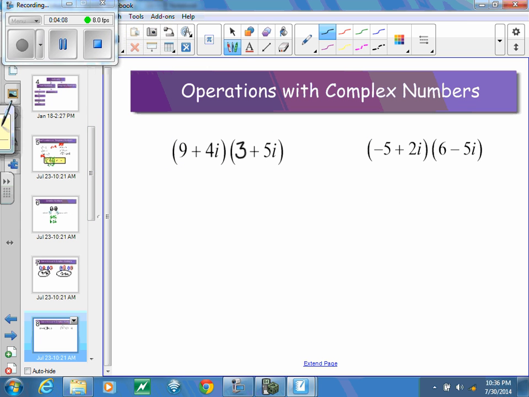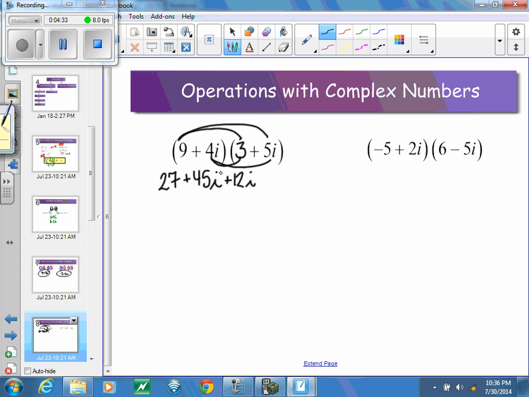When you are working with multiplication, we are going to use our FOIL method. So we're going to do first, outside, inside, last. And as I multiply, we're going to start out with 9 times 3, so that gives me 27. Outside, 9 times 5i, so that gives me 45i. Inside, 4i times 3 is 12i.